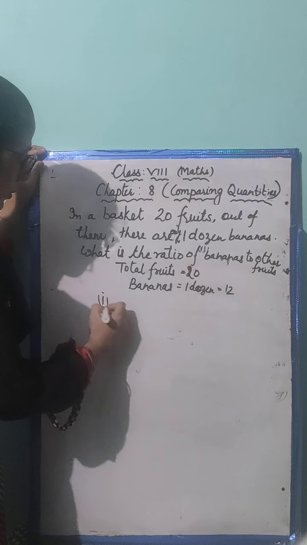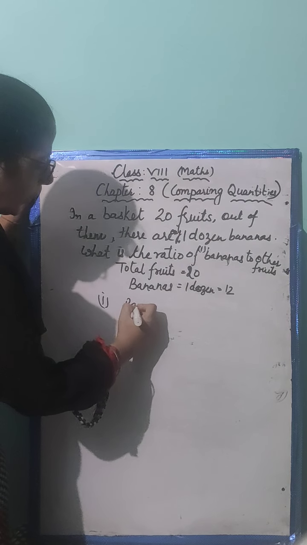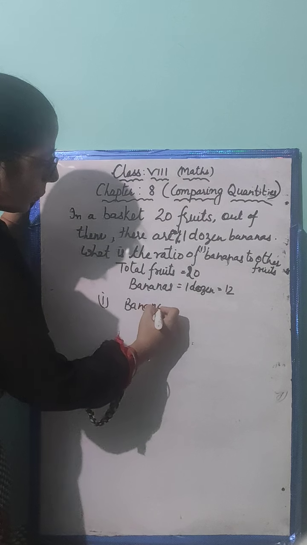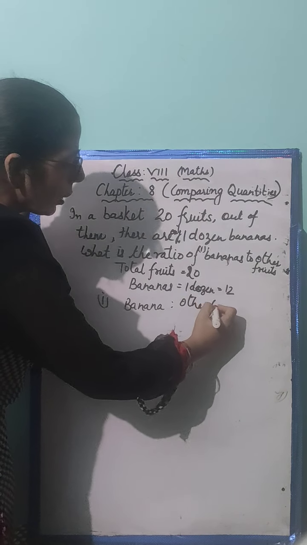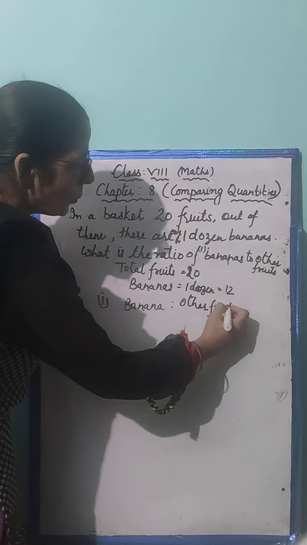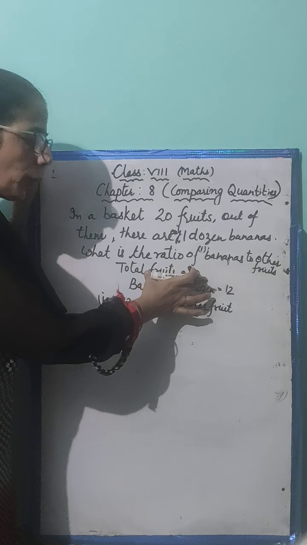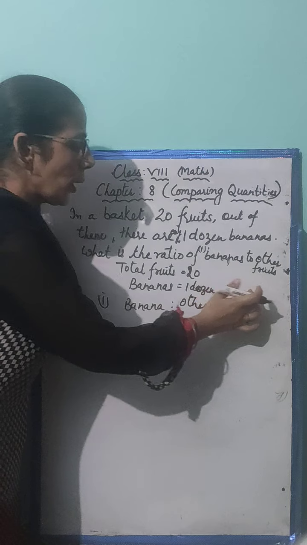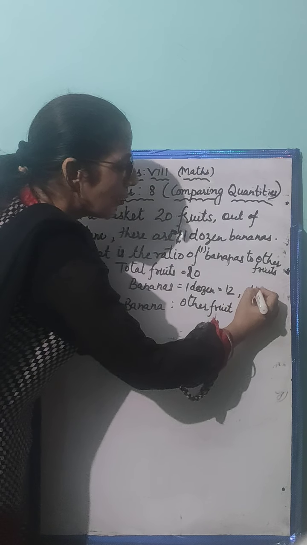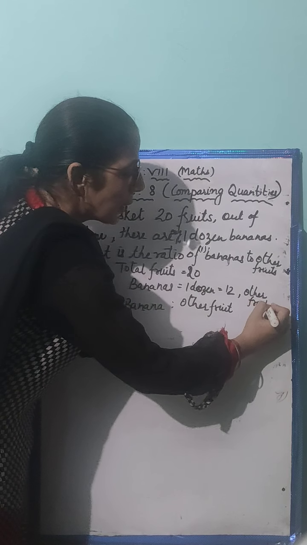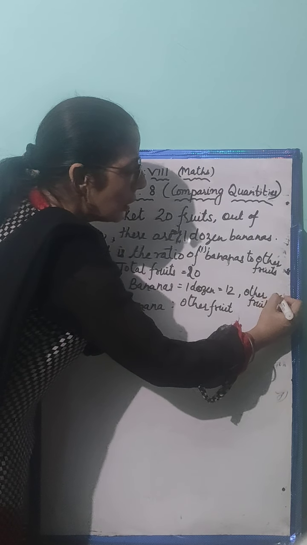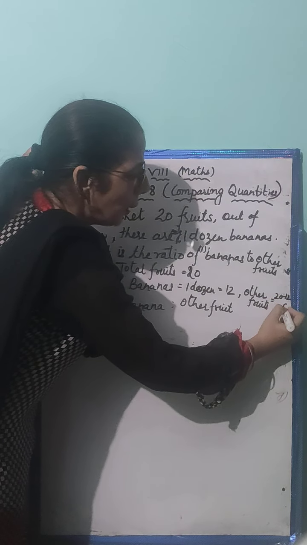The number of other fruits is not given. What should I do? Total fruits are 20, bananas are 12. So how many are the other fruits? Other fruits will be 20 minus 12, that is equal to 8.